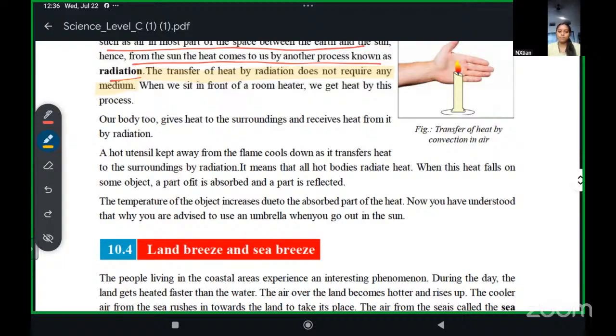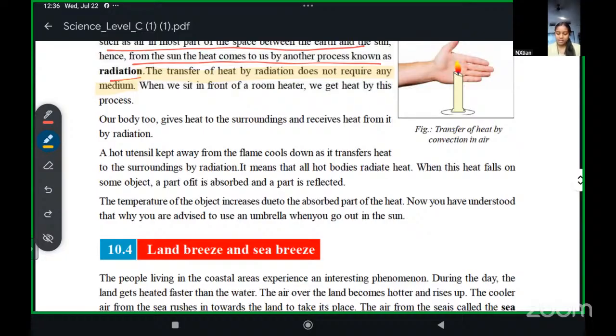When you remove an object from the flame and place it down, it will become cool because it will release its heat into the surrounding. That is also an example of radiation. Getting heat straight from the source and releasing heat into the surrounding, both are known as radiation.